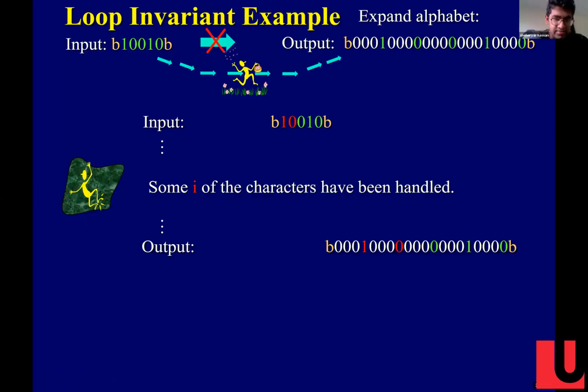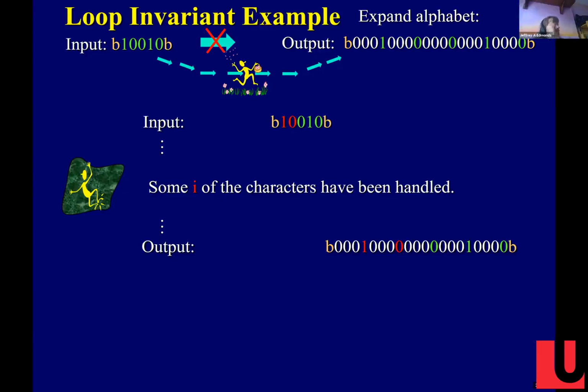Now, the truth is, in a Turing machine, can we have the variable I? No, there's no variable. Why not? Well, 1, there are no variables in a Turing machine.